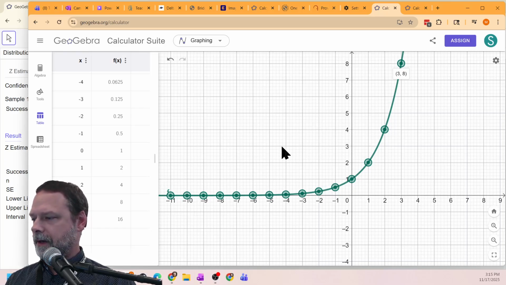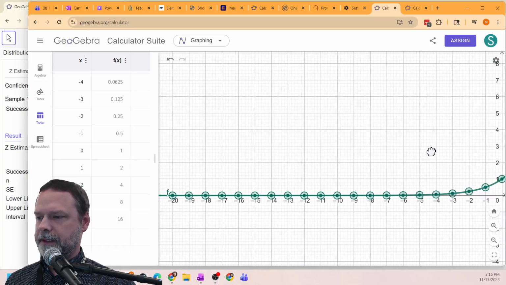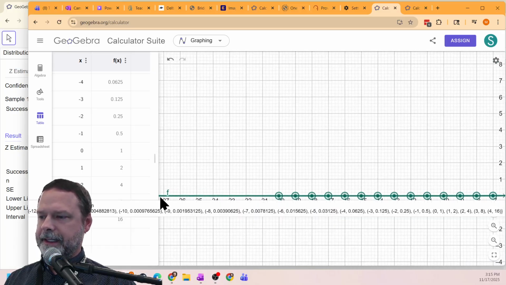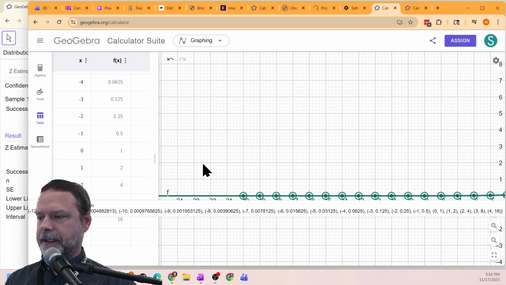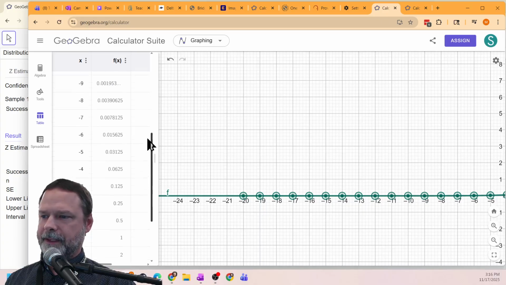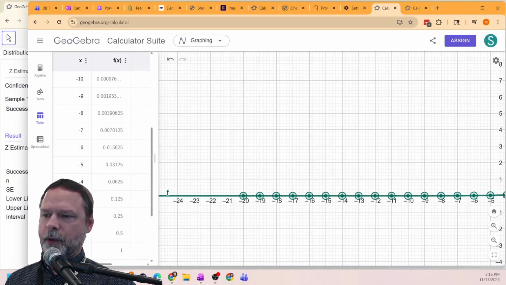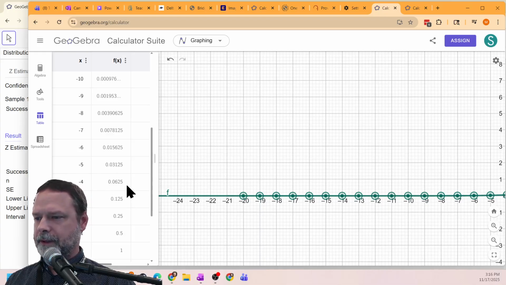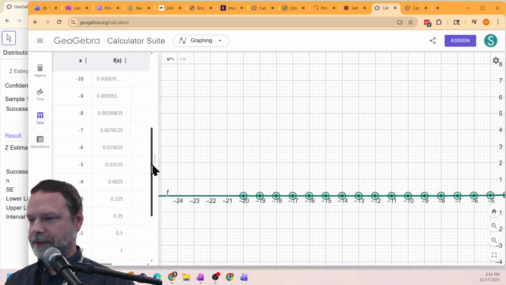And since I'm on the points here, what you'll notice is as we go negative, it gets closer and closer to 0, but it never, ever actually touches it. So if we look up here, as we get smaller and smaller, it becomes 1 over 2 cubed, which is 1/8. 1 over 2 to the 4th, which is 1/16. 1 over 2 to the 5th, 1/32.